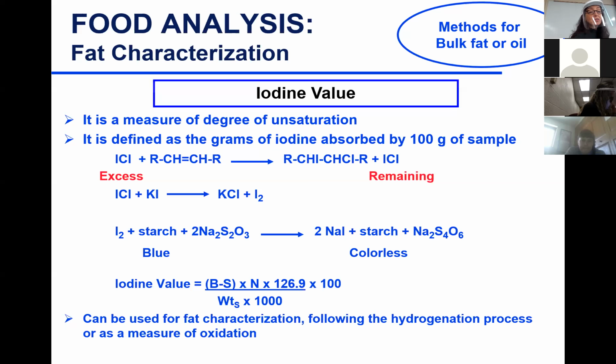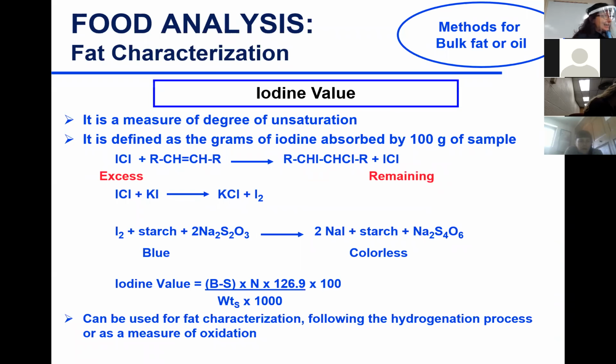You want to know that we start off with something called excess iodine chloride. And excess is very important here, that's why I marked it in red. It means we provide an abundance of this reagent to react with the unsaturated fatty acids within your oil or fat.